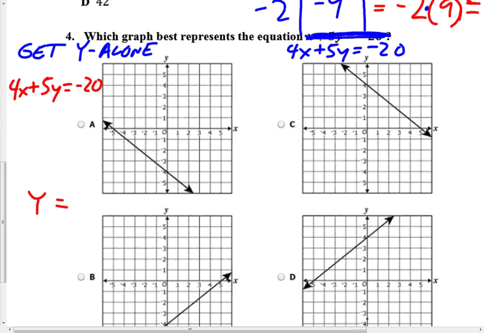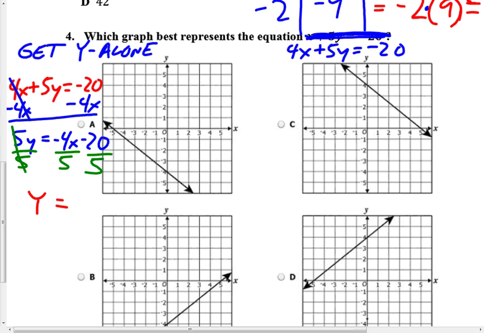Minus 4x, and do it to both sides. Do I actually do anything on the other side? No. You just write negative 5y equals negative. Make sure that you make that a negative 20. That's a negative 20. That's a negative 4x. We're just placing them on the other side. We're almost there. Divide by 5.